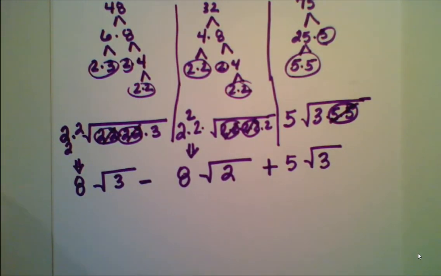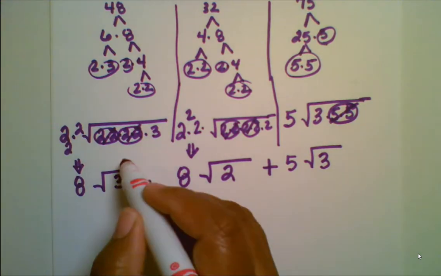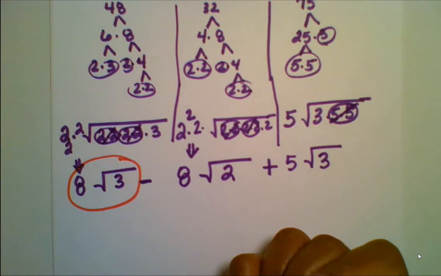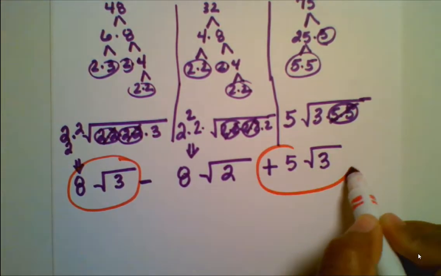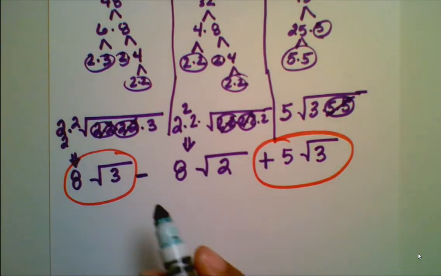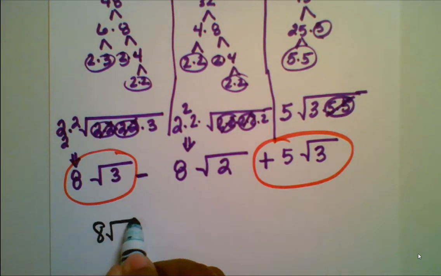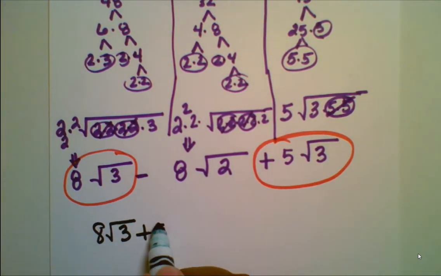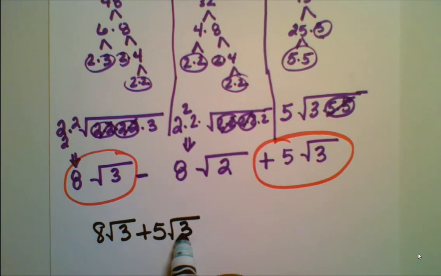We want to circle the like terms, or the like radicals. Those are our like radicals. So let's bring them together. 8 square root of 3 plus 5 square root of 3.